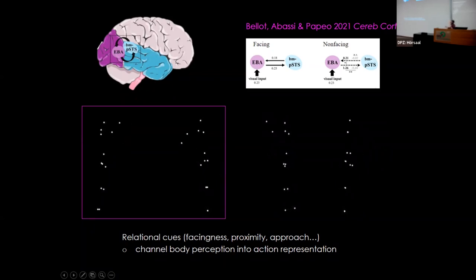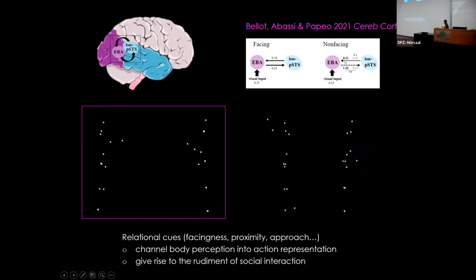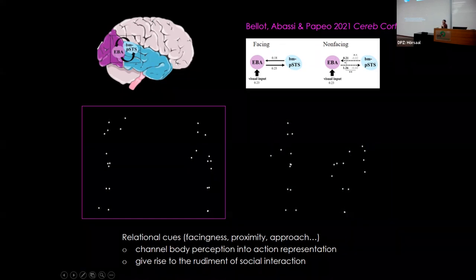Whereas this one remains in the network for scene representation. There is really no interaction going on. And so maybe this early network of visual areas can explain how the brain gives rise to the earliest rudimentary representation of a social interaction, just based on the mere physical structure of the input, before any inferential process kicks in.